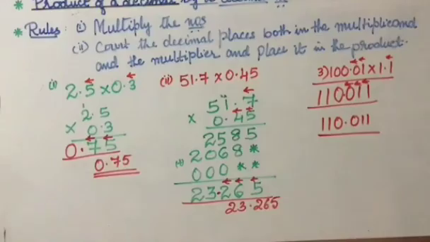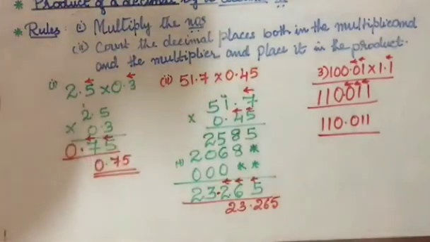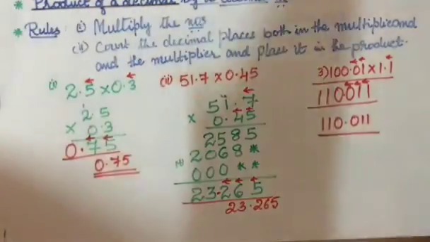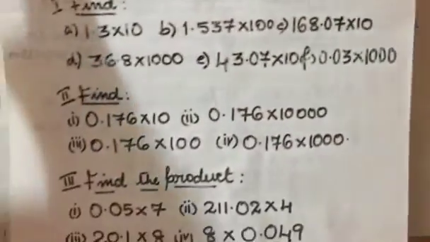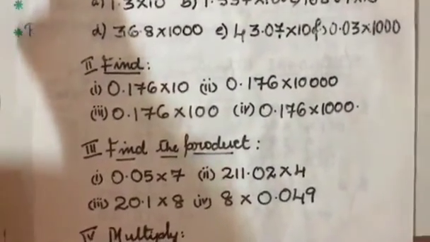So with this multiplication of decimals we have done, I am going to give you an assignment on multiplication of decimals by powers of 10, by whole numbers and by decimals. Your homework, children.